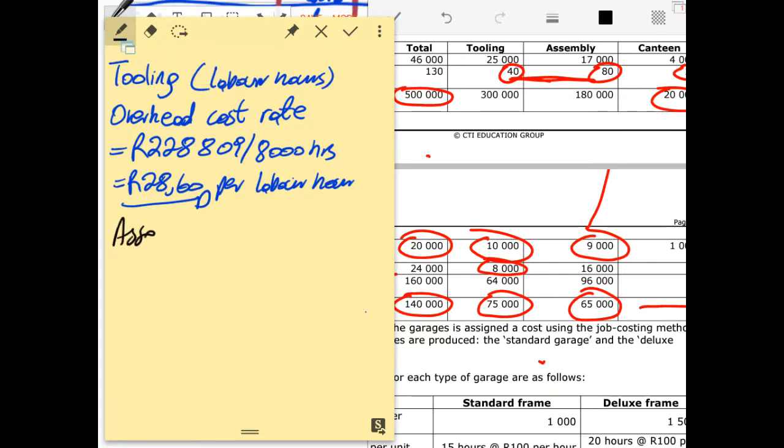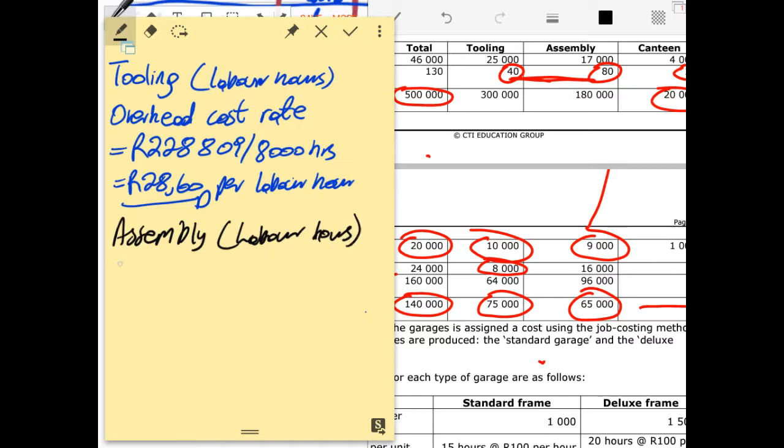And the assembly department is also based on labor hours. We are using labor hours as a base. It's important to highlight that.